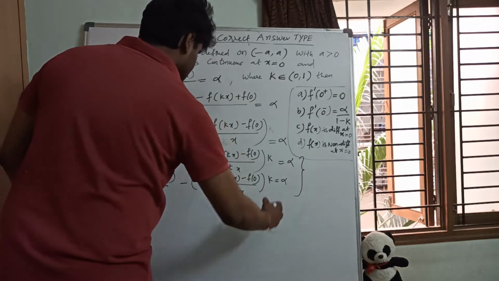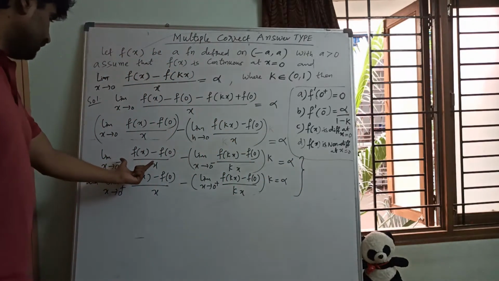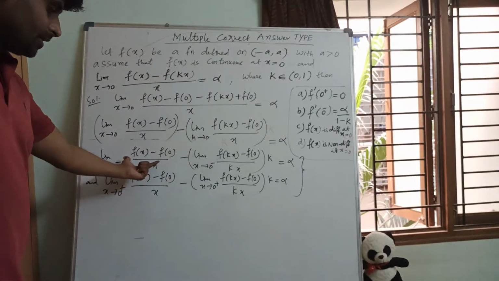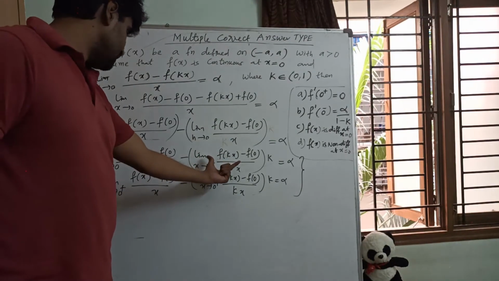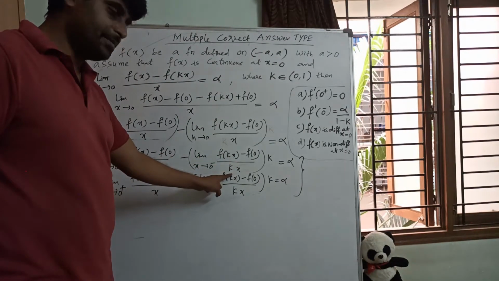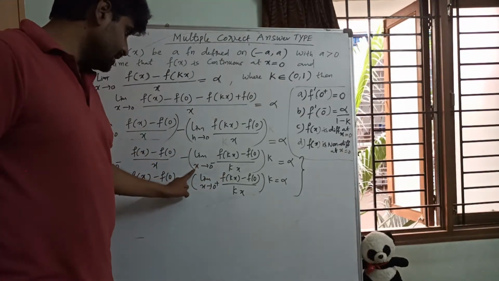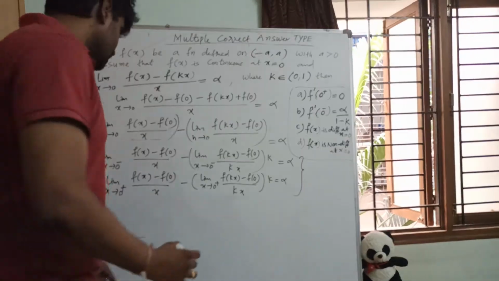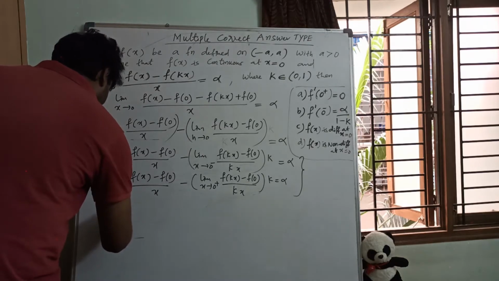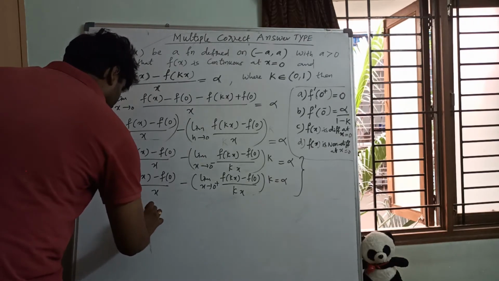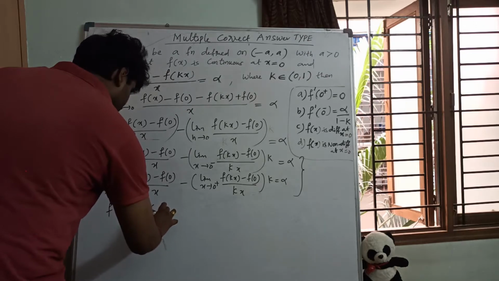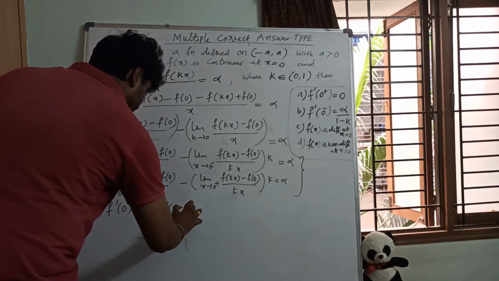So from these two, what is this? f dash of 0 minus. This also is f dash of 0 minus, because kx tends to 0 also. So what can we write? f dash of 0 minus k into f dash of 0 equals alpha.